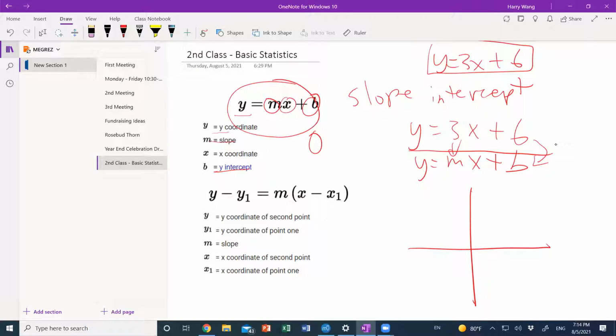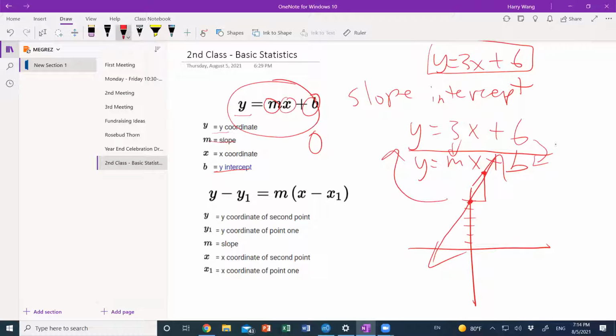So we can simply plot that out: 1, 2, 3, 4, 5, 6. So it intersects this point. That's the y-intercept. And the slope is 3, which means from this point, if you go 1 over and 3 up, there's another point there. That's what slope tells us. And this is what the line looks like. This is the equation of this line here.